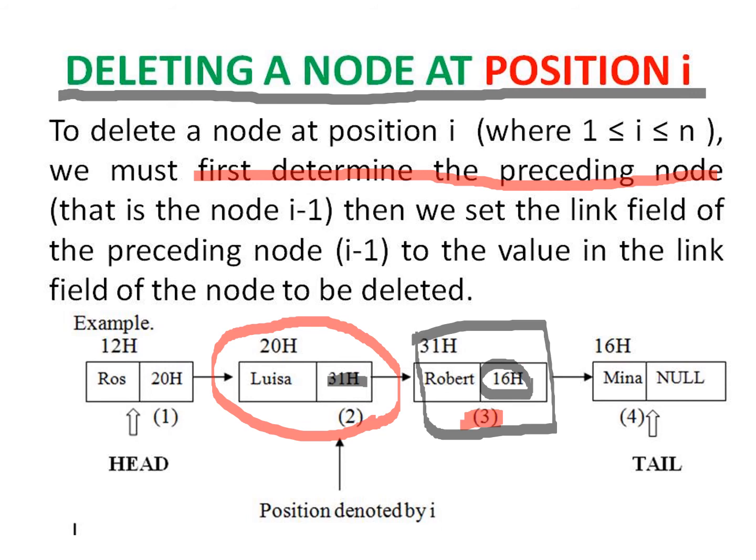So, the previous node should get the node.link value of the node you will delete, so that it could have a reference to the next node. Okay? So that is why you have to determine the preceding node. So if our I is 3, you have to get the second position. If our I is 2, then you have to get the first position. So it is always I minus 1. Okay?